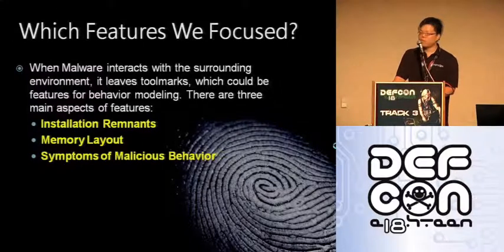We also study the memory layout, trying to find suspicious memory blocks or suspicious DLLs. And then we also try to find if there is suspicious malicious behavior inside the system, for example, a hidden process or hidden files. These are all symptoms of malicious behavior that legitimate software would not exhibit on your system normally.